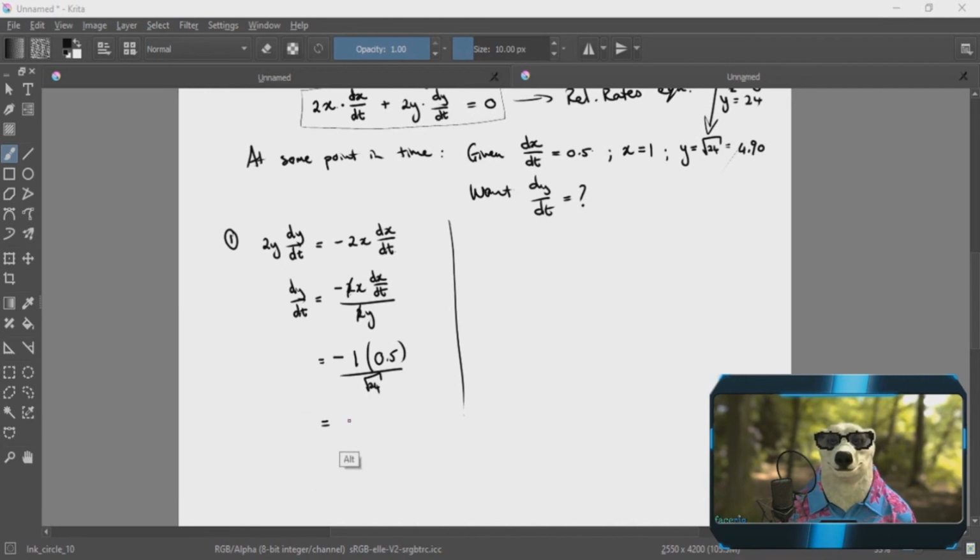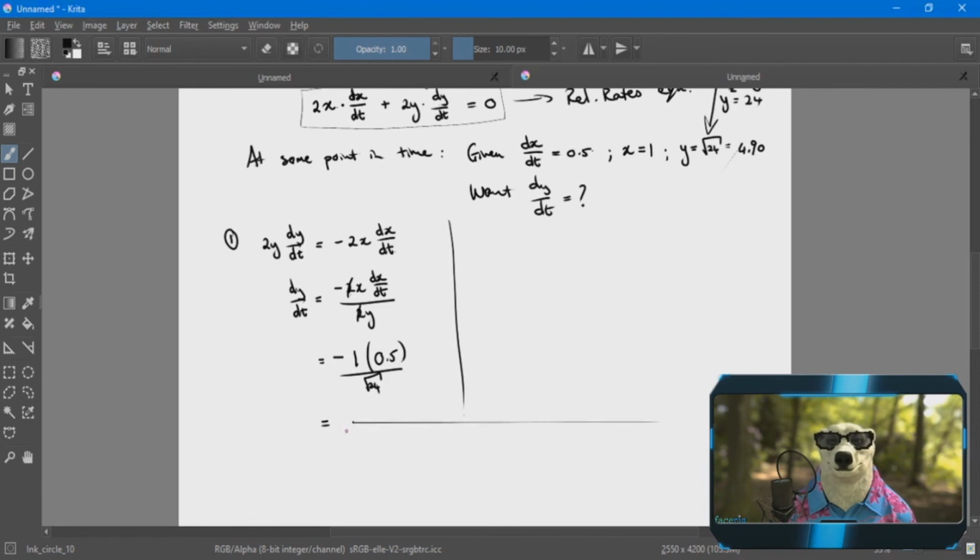MathBot says negative 0.10 if I round it. Your other option is to plug in your numbers first. So I have my 2 in my related rates equation.